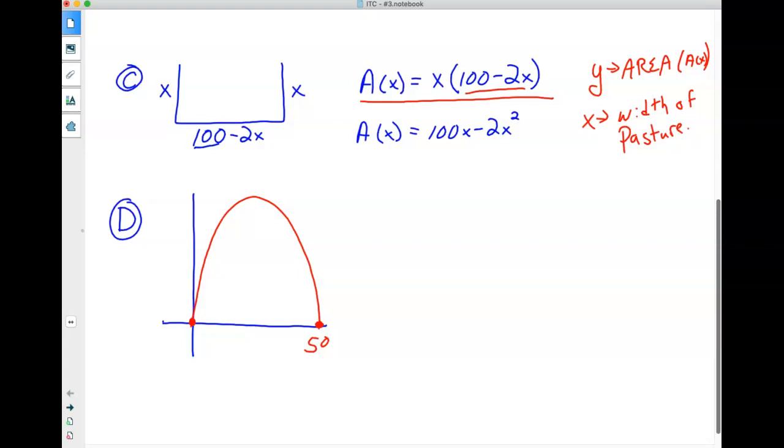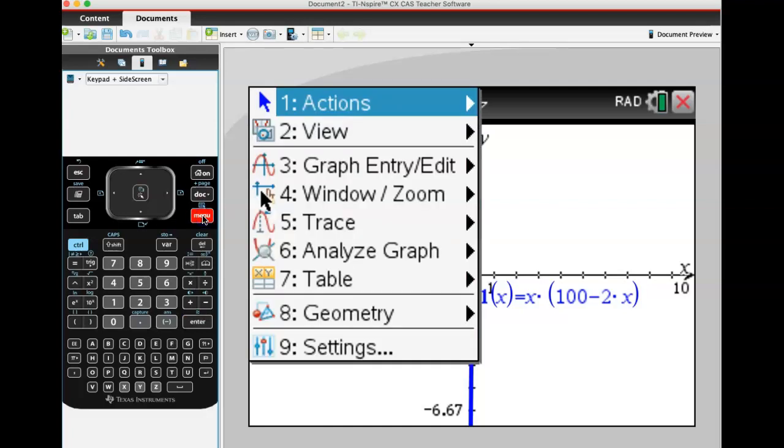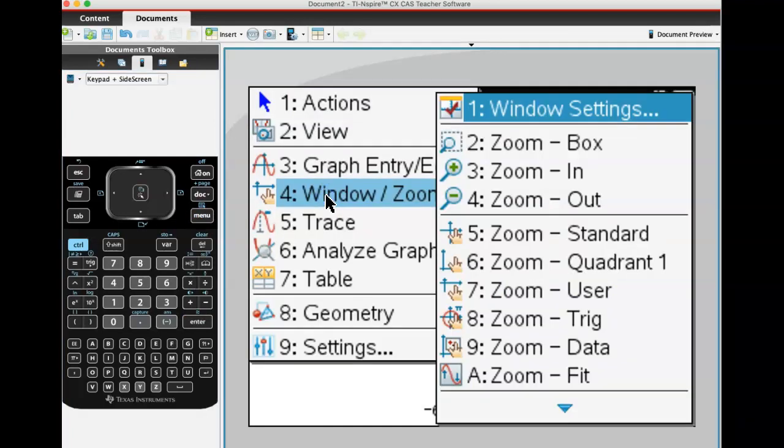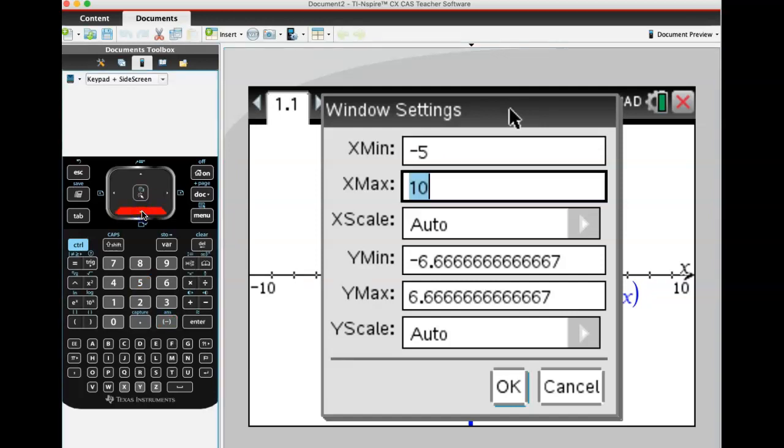Just thinking back. So what we want to do is make sure we change our menu, our window, and our window settings. And I'm a kind of guy, I like to see my x and y axis as much as I can. So I'm going to go from -5, and I'm going to go out to about 55.